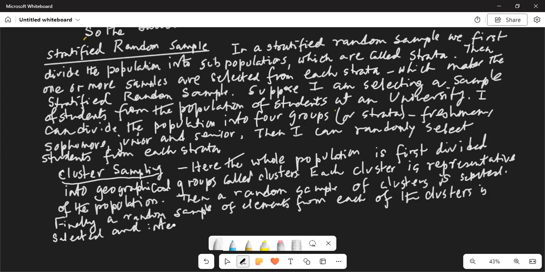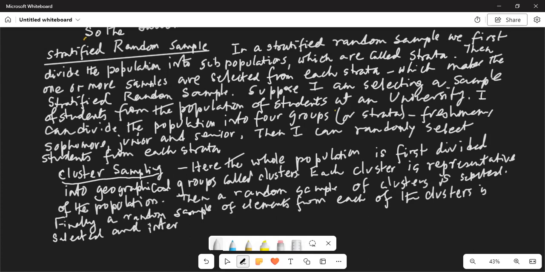So the difference between cluster sampling and stratified random sampling is in a stratified random sampling, we divide the population into strata. Each strata have the same characteristic. Then we randomly select members from each strata.